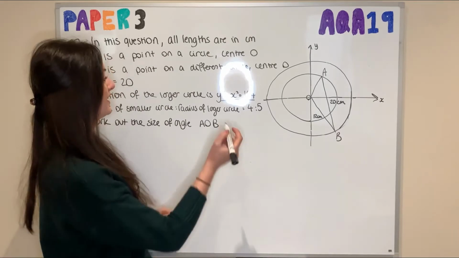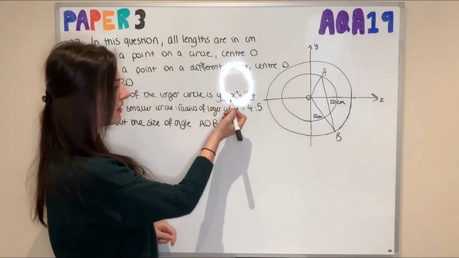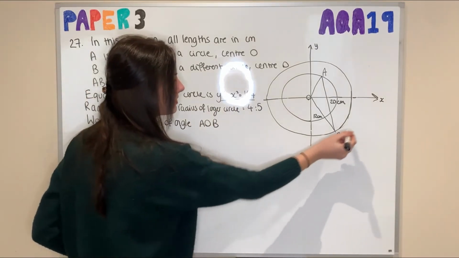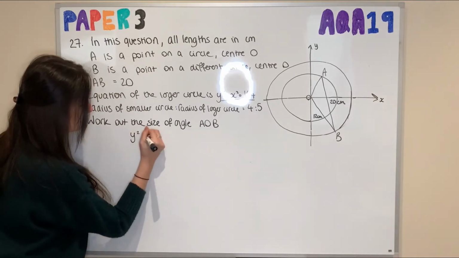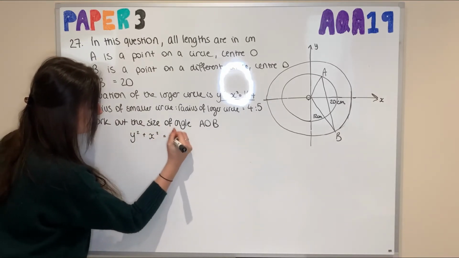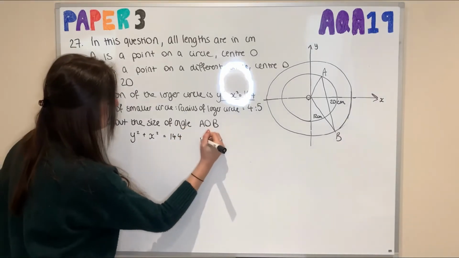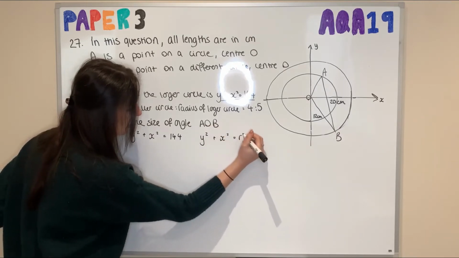So let's start with this statement. So here we have the equation of the largest circle is y squared plus x squared equals 144. So the largest circle is this circle. So let's write this out. y squared plus x squared equals 144. So we can use this as we know that y squared plus x squared equals r squared.